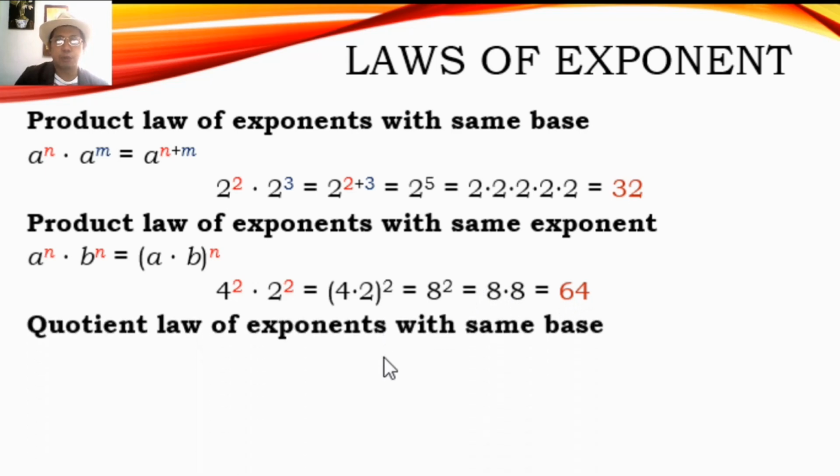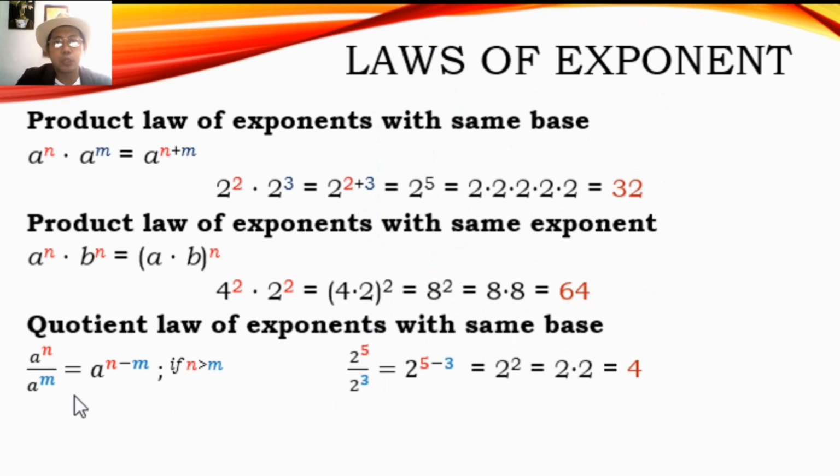Another law of exponents is the quotient law of exponents with the same base. To understand this, try to look at this mathematical illustration. You notice that I have the same base. My bases are a and a. So in here, my result would be a raised to the difference n minus m.